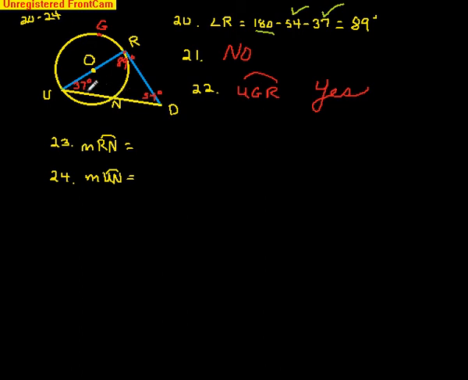We can go the other way. The intersected arc is twice the angle. So we would double this, and we would get 74 degrees. This arc right here is double the inscribed angle, so it'd be 74 degrees.